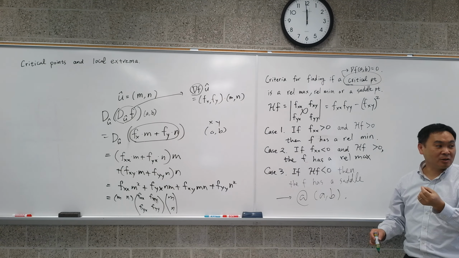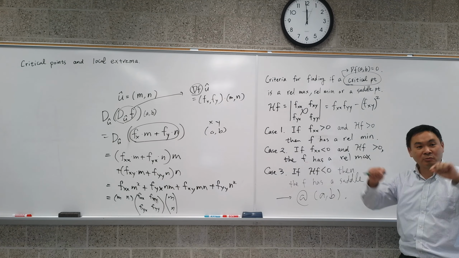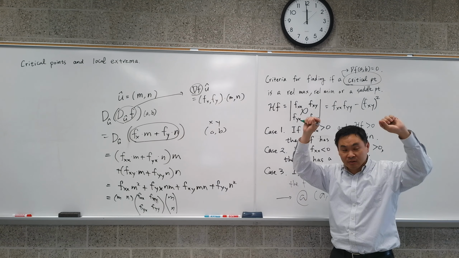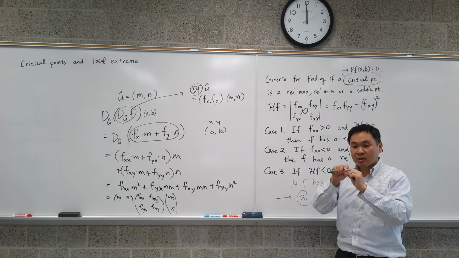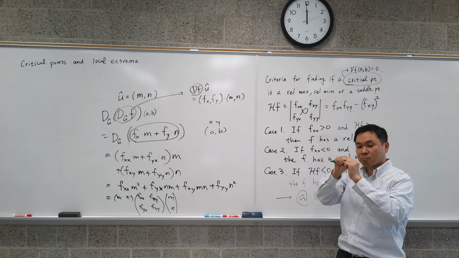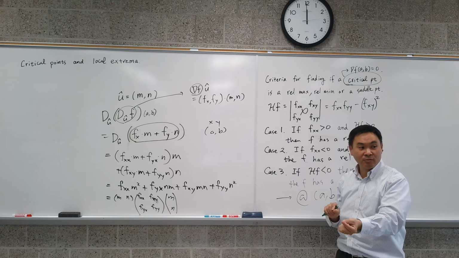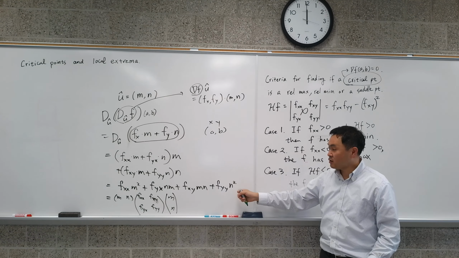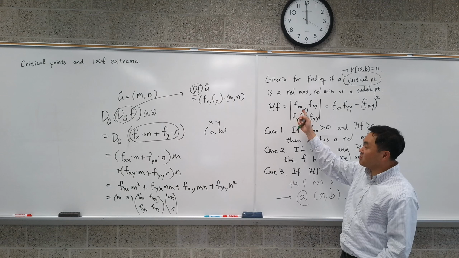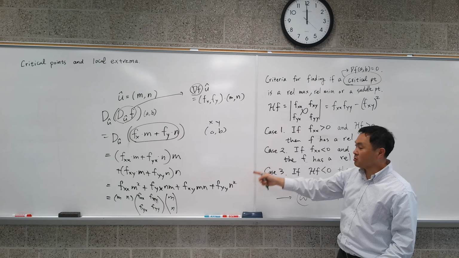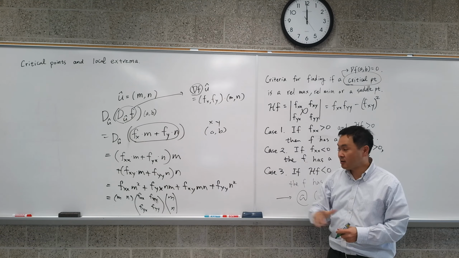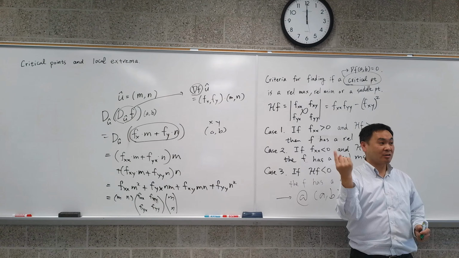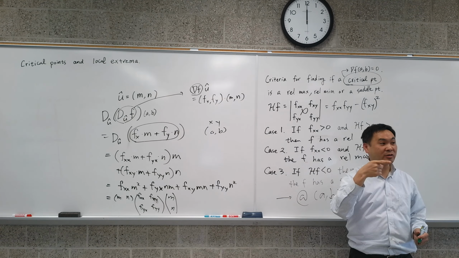And if you have one direction which is smiley, which means that value is positive, because that's the second derivative, and there's a perpendicular direction which is negative, then you end up with this value being negative. Okay? So depending on m and n, you're just scanning 360 degrees and trying to find all the second derivatives.